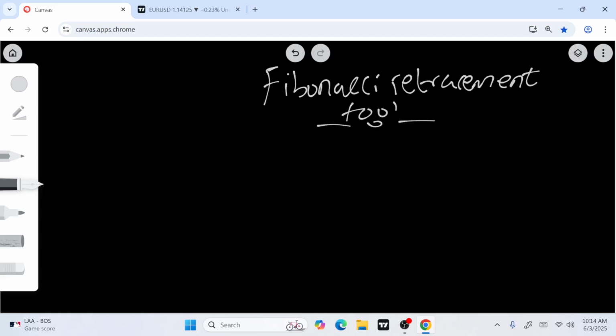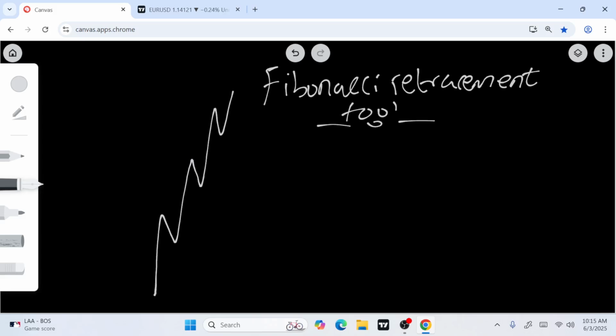Now, if you are to use the Fibonacci retracement in an uptrend, you are to use it on the low and high of the impulsive movement.